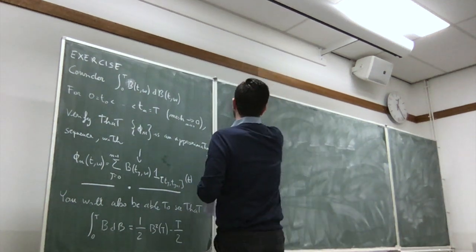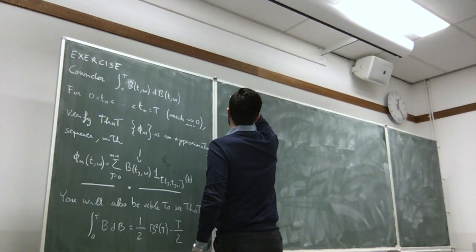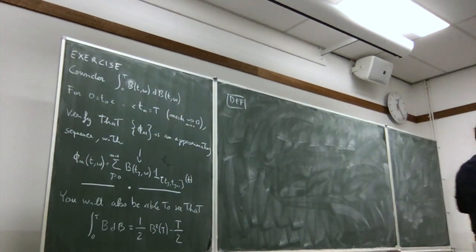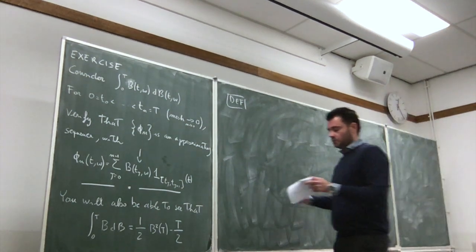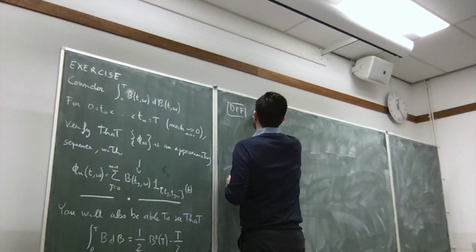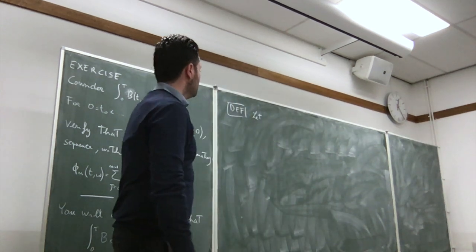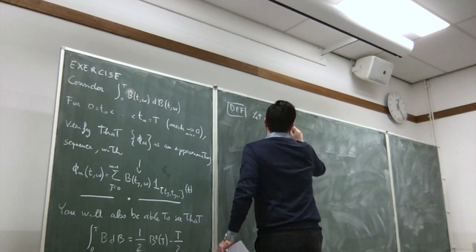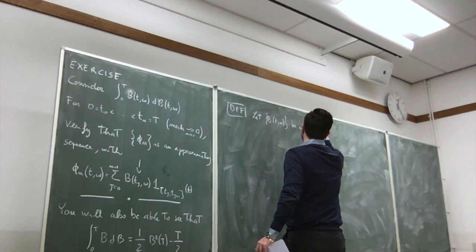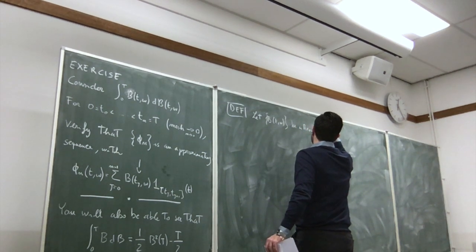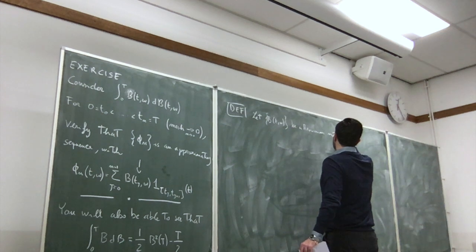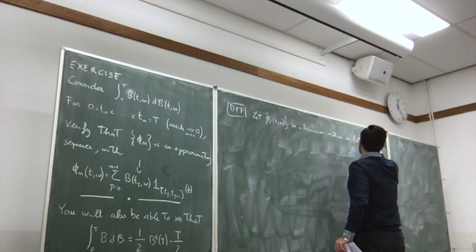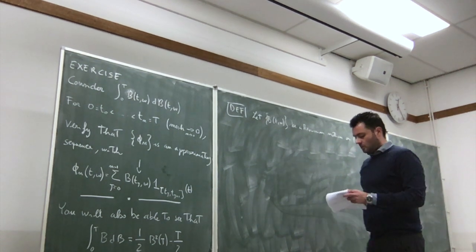Now, a couple of definitions. The first one is the definition of stochastic integral, just to be precise, but it's something that by now we implicitly have. So let B_t(omega) be a Brownian motion on (Omega, F).